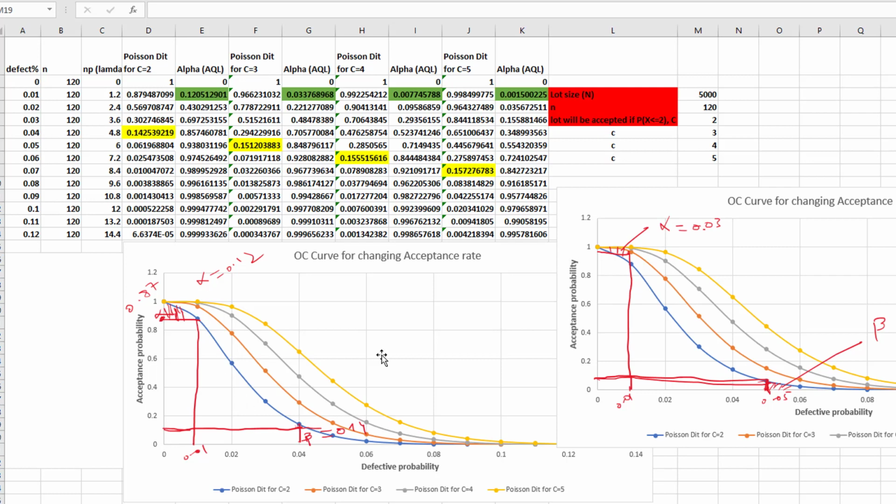So how will you sketch this? This is my 0.04, because at this yellow front value, the defective rate, when you multiply this, means you are producing 4 to 5 defective. So in your lot there will be 4 to 5 units defective, and this is basically the consumer risk. This is beta, the consumer risk.